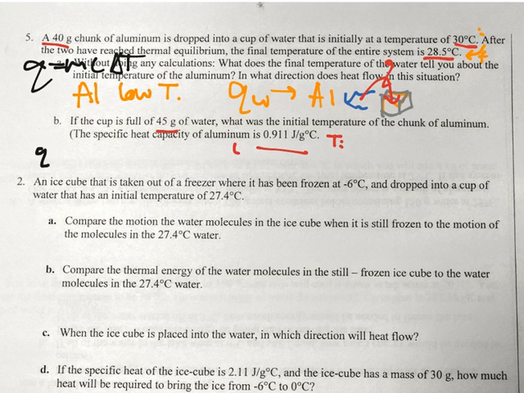The Q, we don't know yet for our water, but we do know our mass is 40 grams. We know that C for water is 4.18. If you haven't memorized it yet, that's just a number a lot of things take for granted that you have memorized.